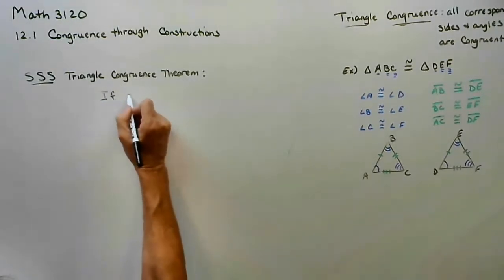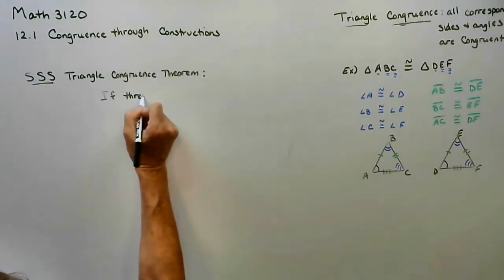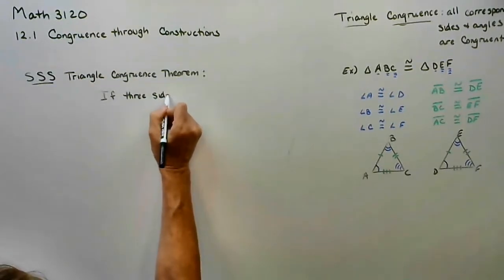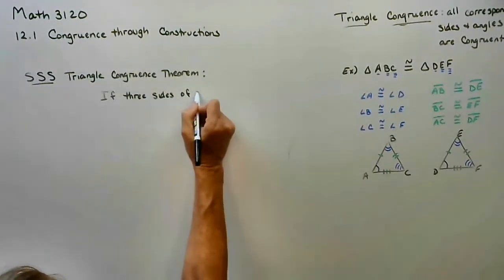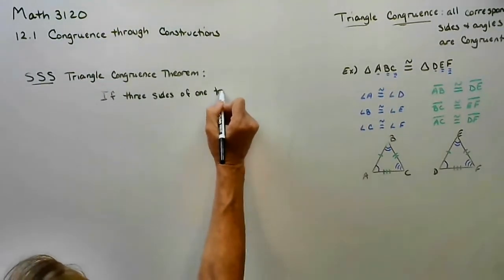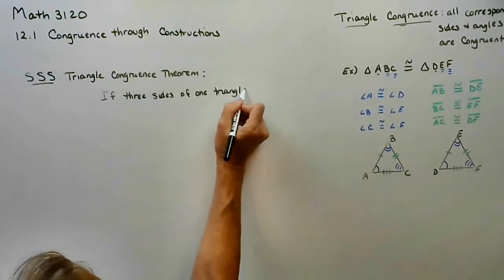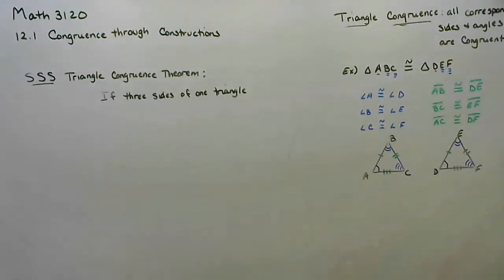if three sides of one triangle are congruent respectively to three sides of another triangle, then the triangles are congruent.